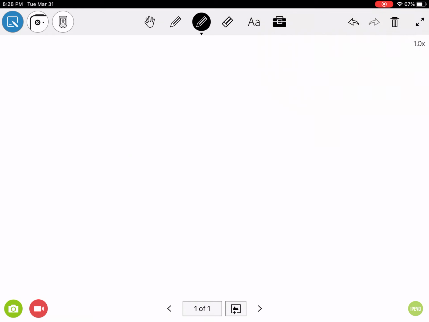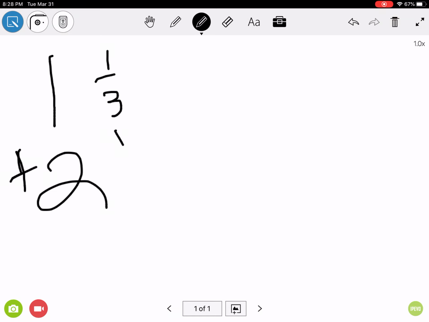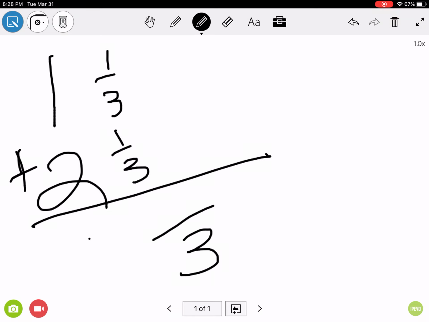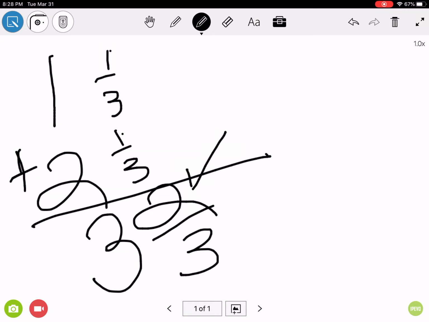It says 1 and 1/3 plus 2 and 1/3. Your denominator stays the same. 1 plus 2 is 3. 1 plus 1 is 2. Your answer is 3 and 2/3. It's already in simplest form because 3 is a prime number.